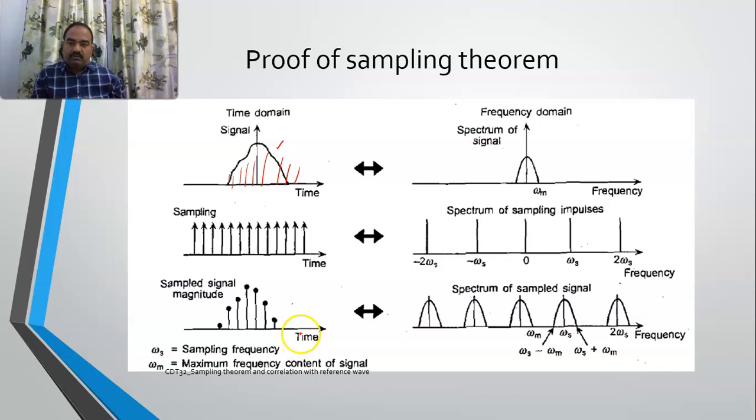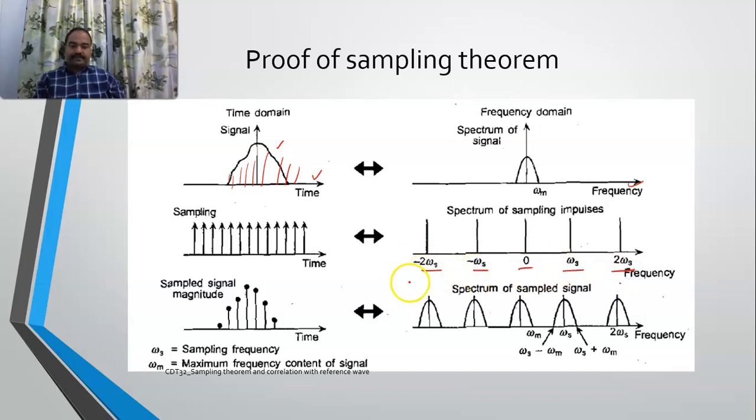Now if I want to represent it in the frequency domain, let us suppose this axis is time and this axis is frequency. This is the spectrum of the signal. These components have different frequencies because they are at different time intervals.